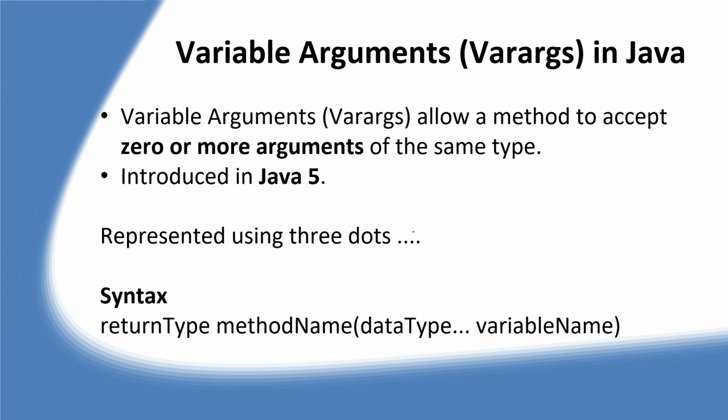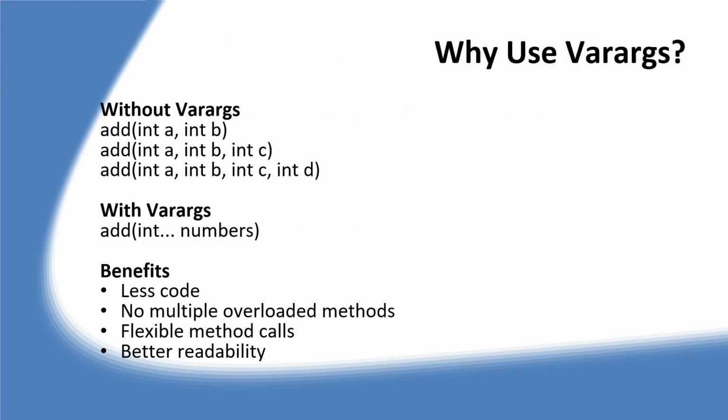So why use Varargs? Without Varargs, we need multiple overloaded methods to handle different numbers of parameters, as we have seen in the previous examples. If we want to add two numbers, we define it like this, and if we want to add three numbers, we define it like this.